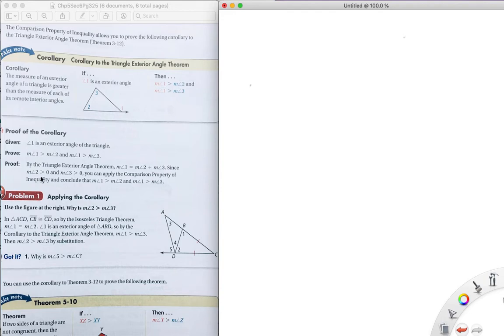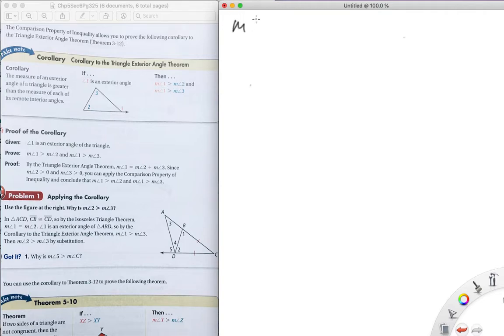Okay, so they have a proof of it, and they're going to use the comparison property of inequality to prove it. So for this triangle, this is the proof, I'm going to use it as a two-column.